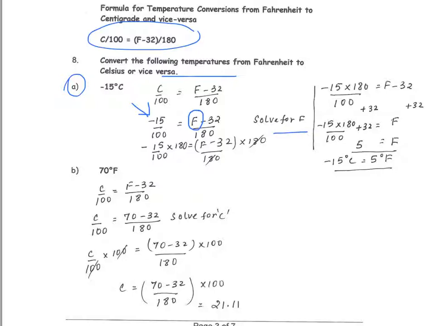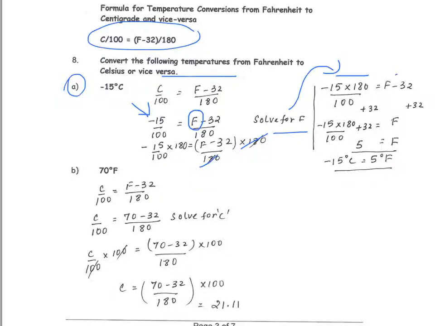Multiply both sides with 180, so we get rid of the 180 first. So the 180 gets cancelled, and we have F minus 32 is equal to -15 times 180 divided by 100.